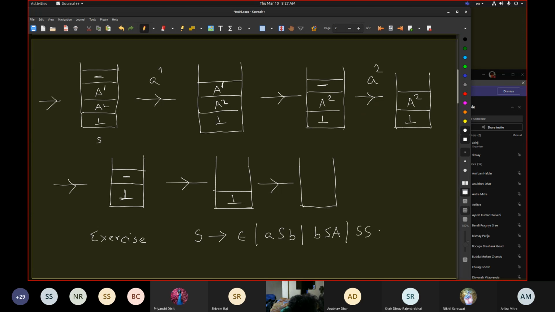Convert this to a one-state PDA that accepts by empty stack. Okay. Although, I would say, this language is actually invariant under cyclic shifts, right? But anyway, you do this construction on this converted PDA and see how it works.